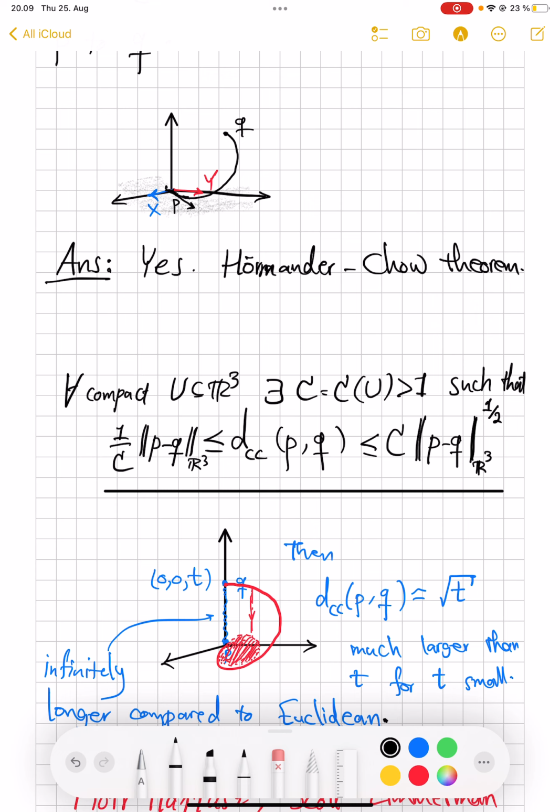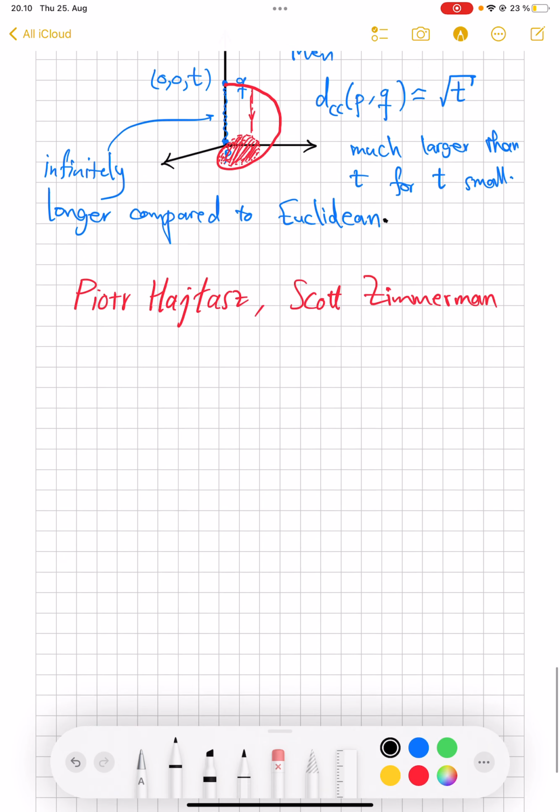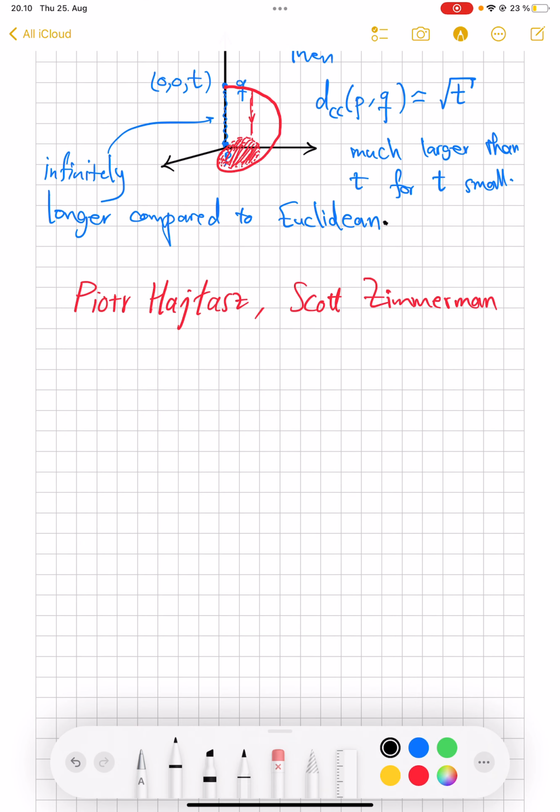Okay, so let me see. There's of course a lot to be said about the Heisenberg group, but let me maybe end with this.